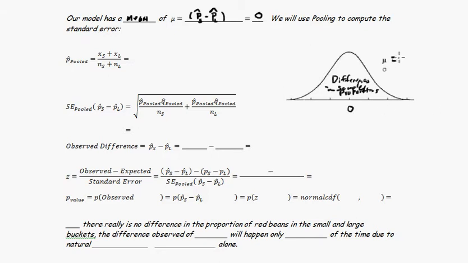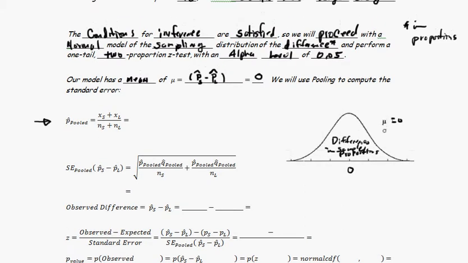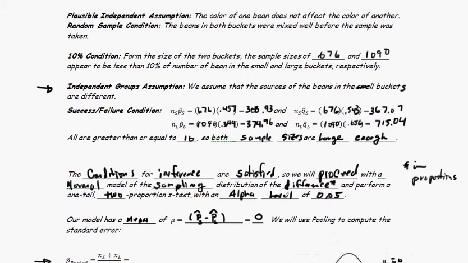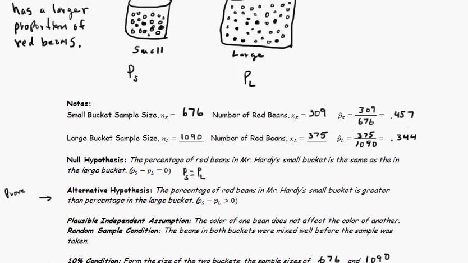Okay, so now we'll use pooling. So here's a new concept, and we just do it for hypothesis testing for two-proportion tests. It's the only place we do it. But the idea is to take this hypothesis and just run with it until it leads us into a contradiction.